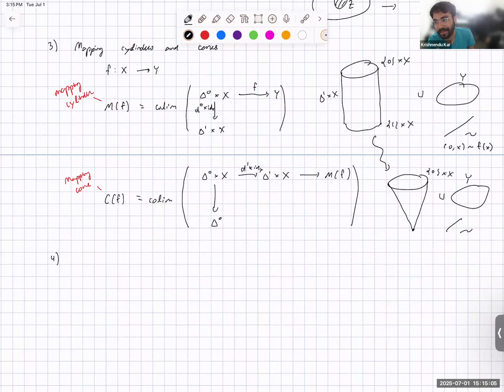Let me just make one comment here. Note that any map of topological spaces can be factored through the mapping cylinder, such that X to the mapping cylinder is a cofibration, a fancy injection, followed by a homotopy equivalence.